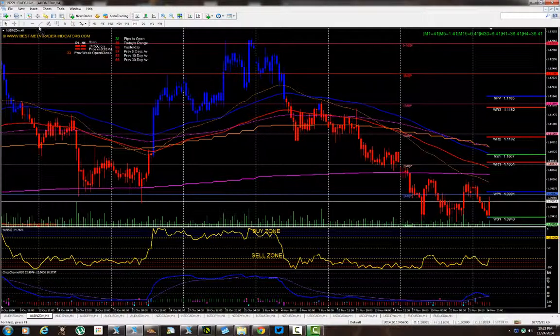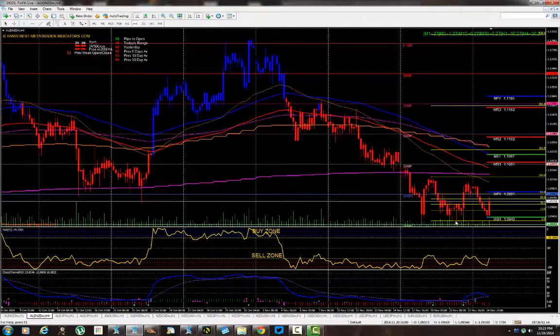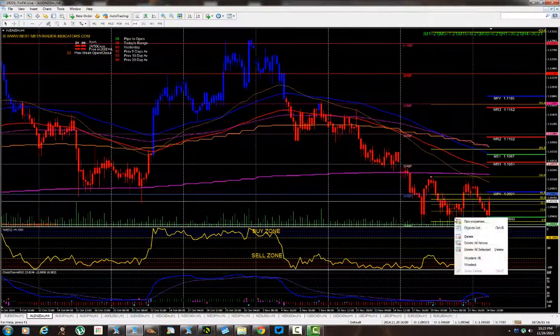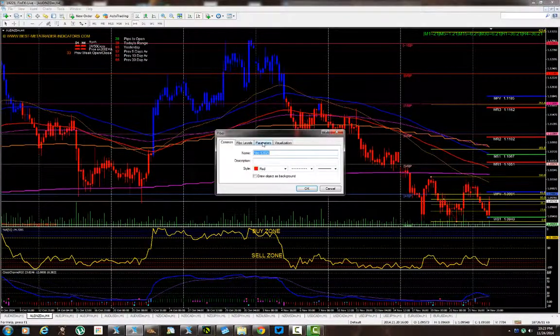So we're still down on Australian New Zealand dollar. Didn't close down too much last week. And I have not adjusted fibs on this one, so I'm not using extensions.